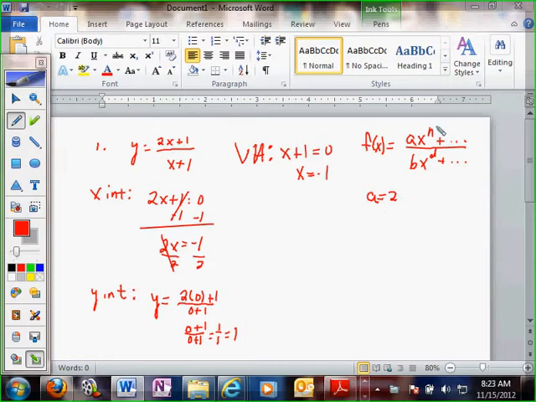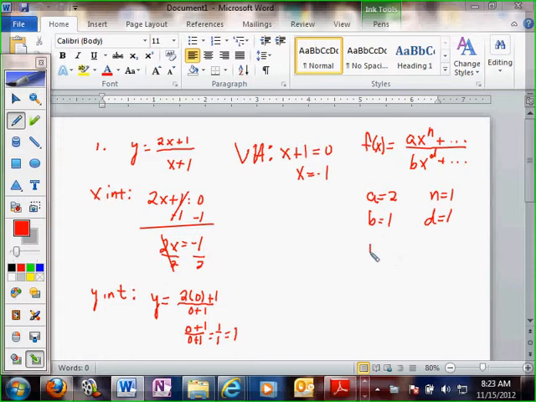n is the power of x on top. n is 1. b is the number in front of x on bottom. That's 1. And d is the power of x on bottom, which is 1 as well. On the note card, it gives you some instructions.